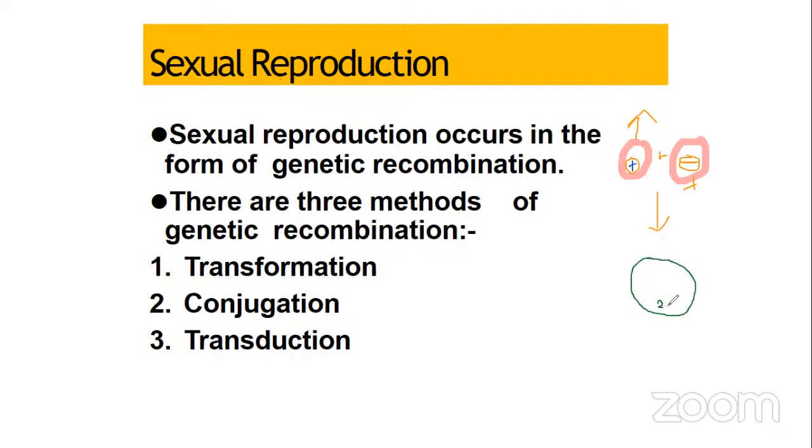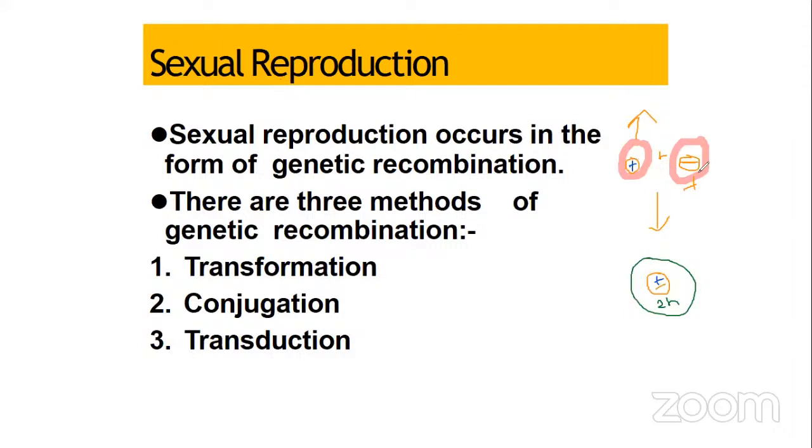2n. In the 2n zygote, what happens? The plus, in blue color, and the minus, in orange color, are both present, and they exchange their genes.